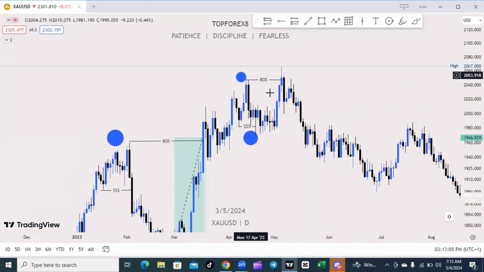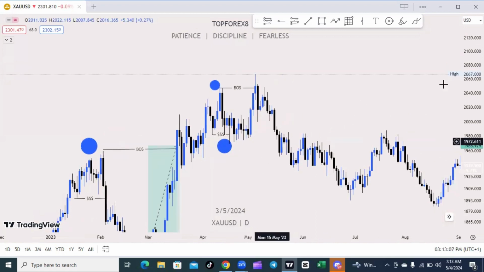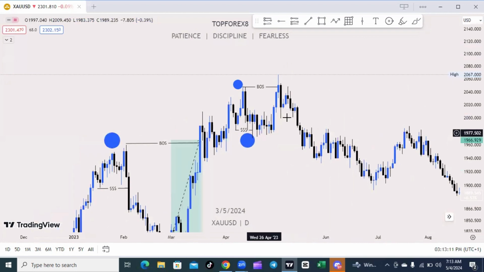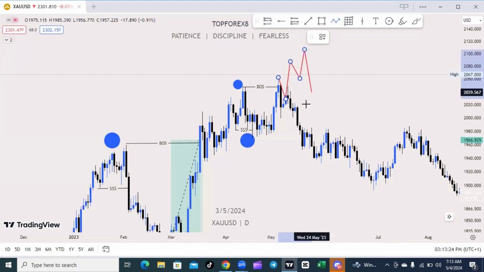So now we are looking for our higher high. Meaning by higher high, market needs to take the pullback. But as you can see, after break of structure, market is supposed to make a pullback up like this, so we can have another one, then we're looking for buy.